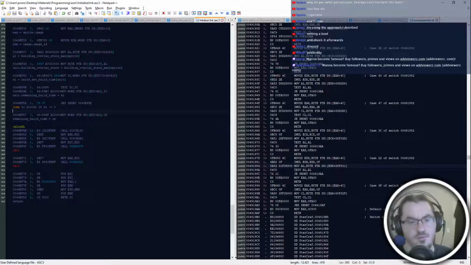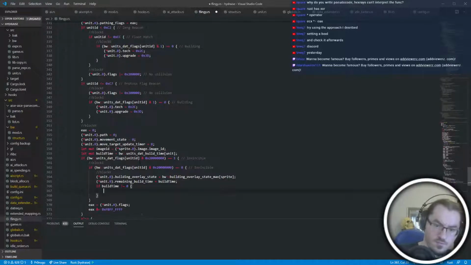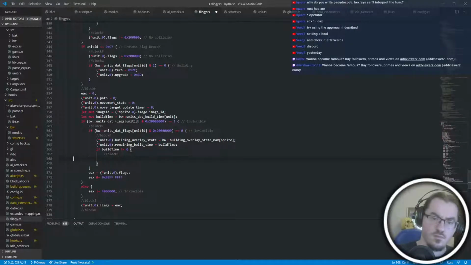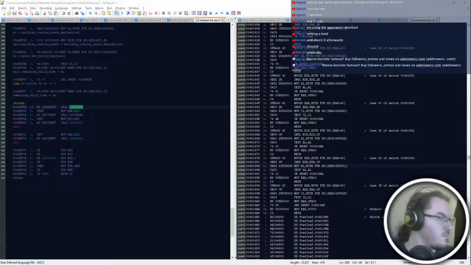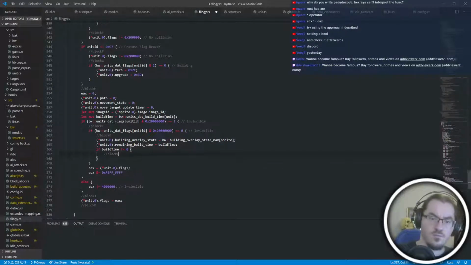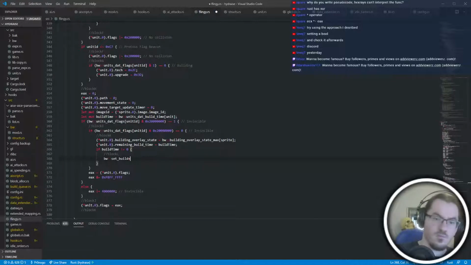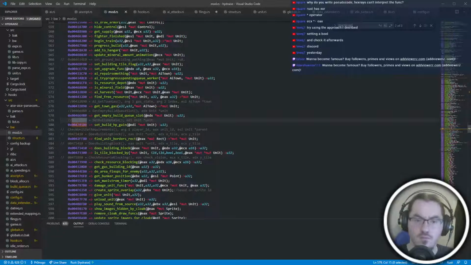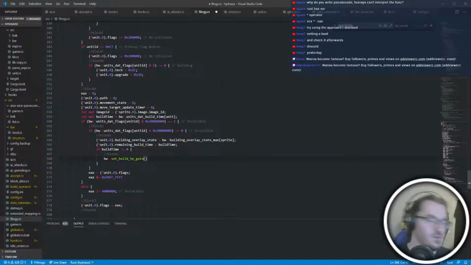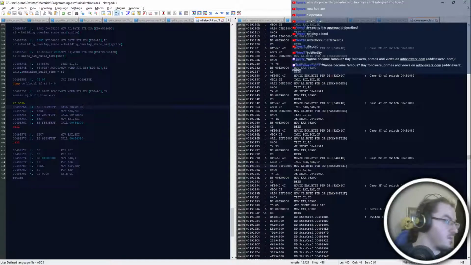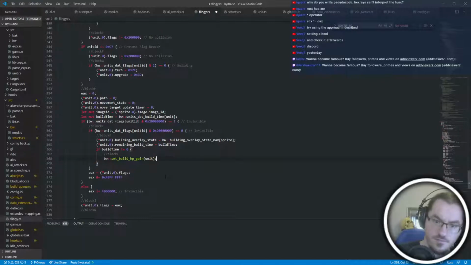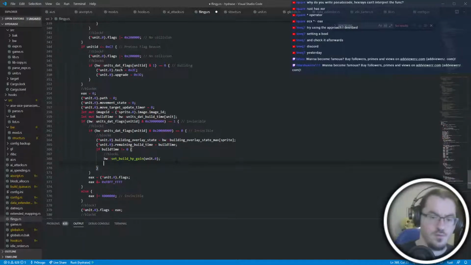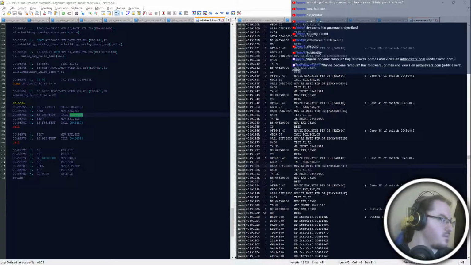Remaining build time. Nice. So this is set build HP gain, and we're passing EDI as the unit. And then we're calling set build shield gain.